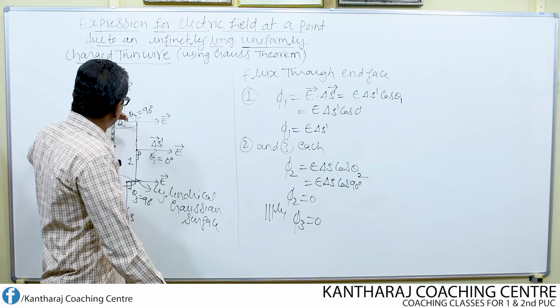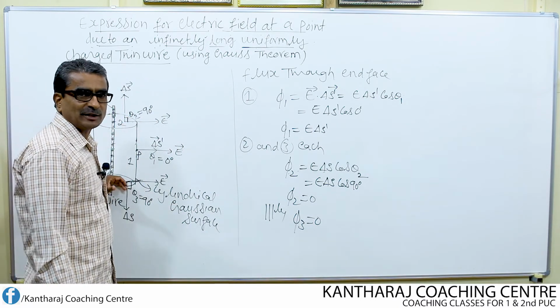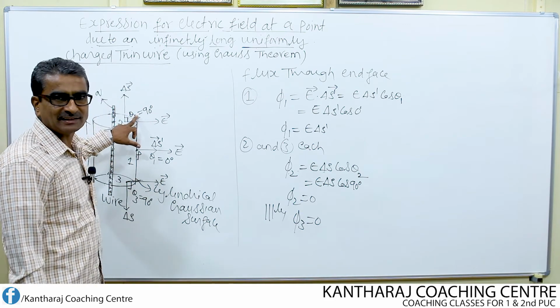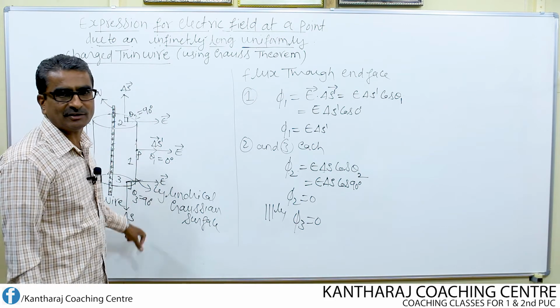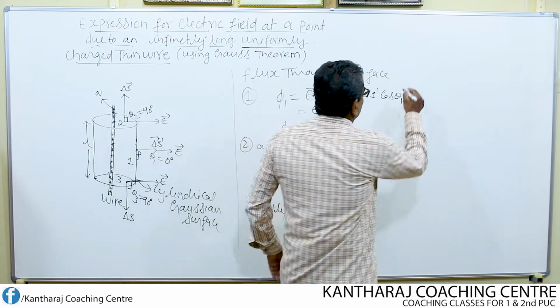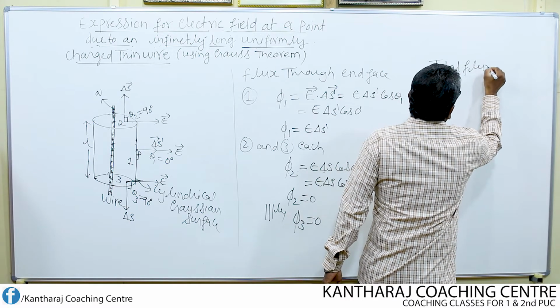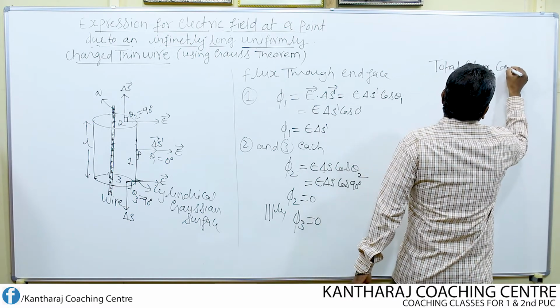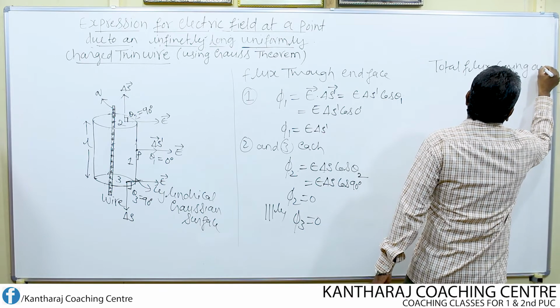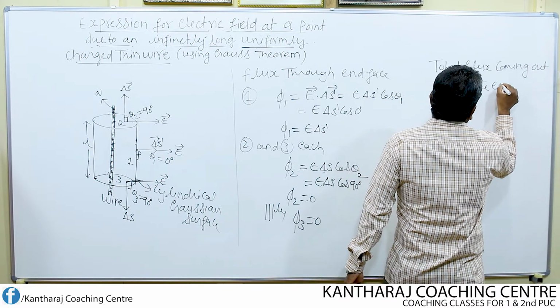Why does the flux through top end phase 2 and bottom end phase 3 become equal to 0? Because the angles theta 2 and theta 3 are each equal to 90 degrees. Now what will be the total flux coming out from the entire Gaussian surface?